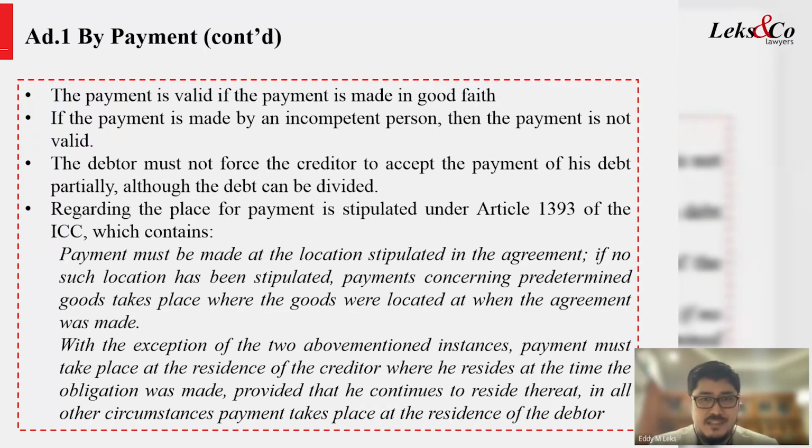The debtor must not force the creditor to accept the payment of his debt partially, although the debt can be divided. Yeah. If there is no agreement that the debt is to be divided, even though it can be, you cannot force the creditor. Well, I think this is an essential part under the agreement, right?